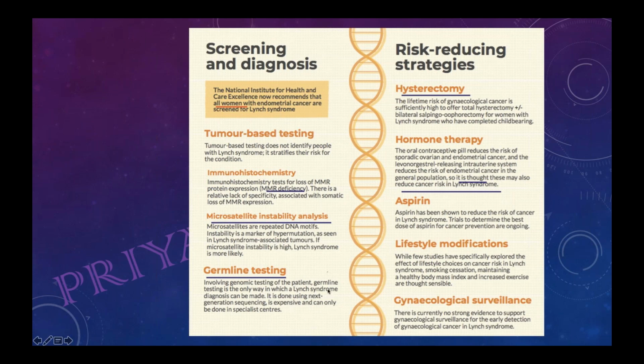So if Lynch syndrome is confirmed, then germline testing should be offered to the person, and it is very expensive and is done by the next generation sequencing technique. This much knowledge is enough. Too much knowledge about this pathology even I don't have. This will help you in answering your question. More than that, I don't think they will ask you any question.